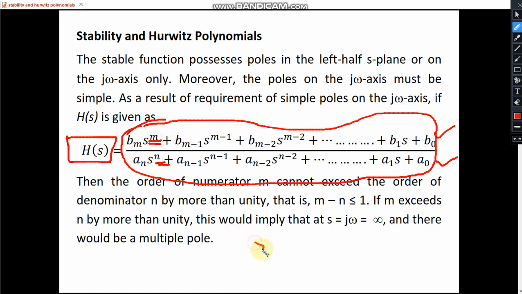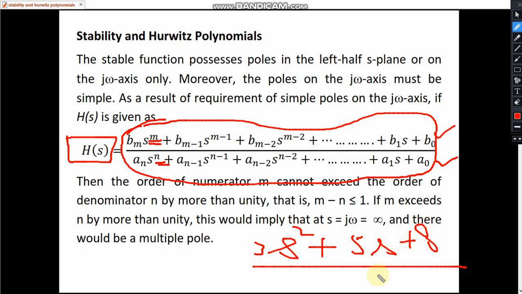So for example, (3s² minus or plus 5s) divided by (8s plus 9). Now m is 2 and n is 1.